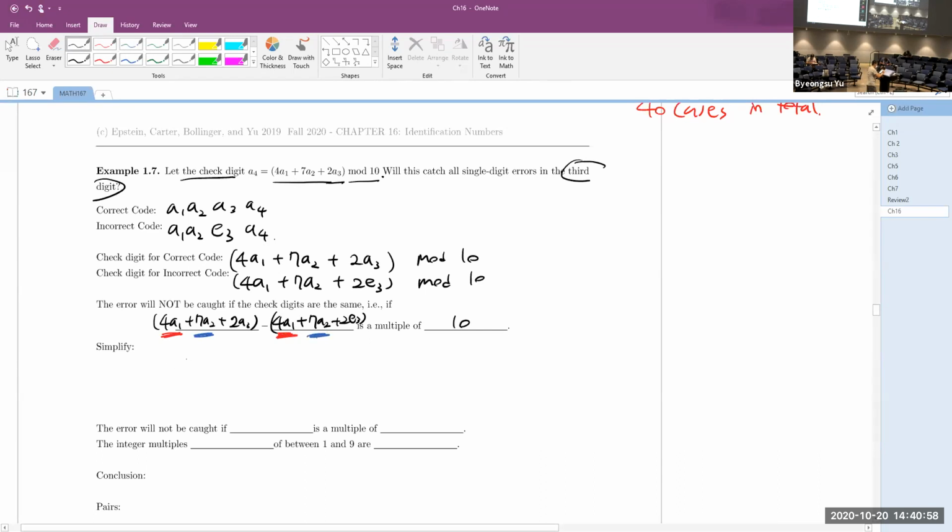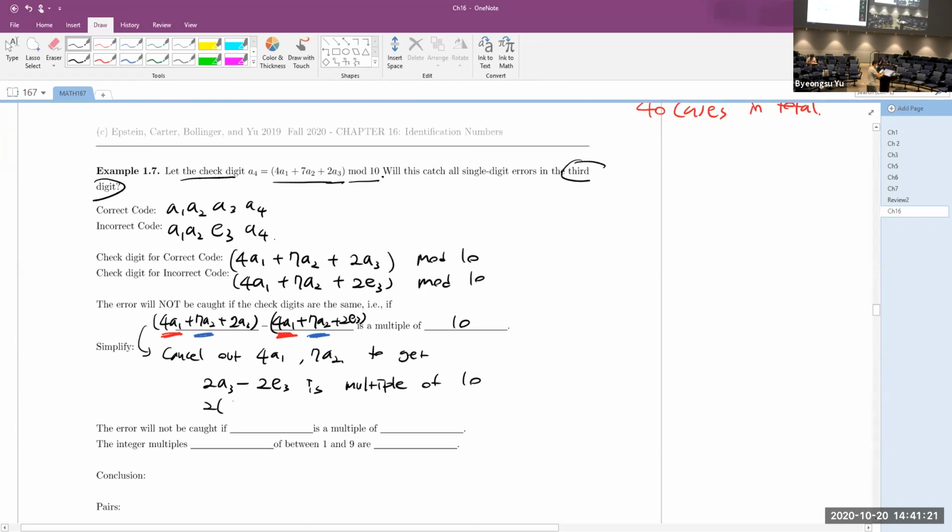So by simplification, we get 2A3 minus 2E3 is a multiple of 10.